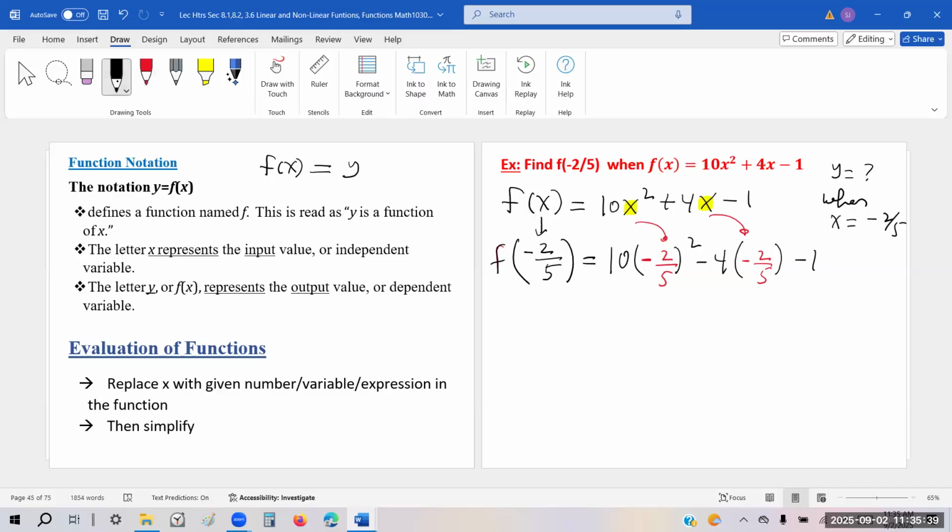Okay. Now we go to PEMDAS. PEMDAS is do what? The multiplication first or the exponent first? Exponent. That means we are going to leave our 10 alone. We cannot do anything with 10, so leave it alone. Now work with the exponent. You have negative 2/5 squared. It is how many times you have negative 2/5? Twice. So if you have negative twice, it turns into what?